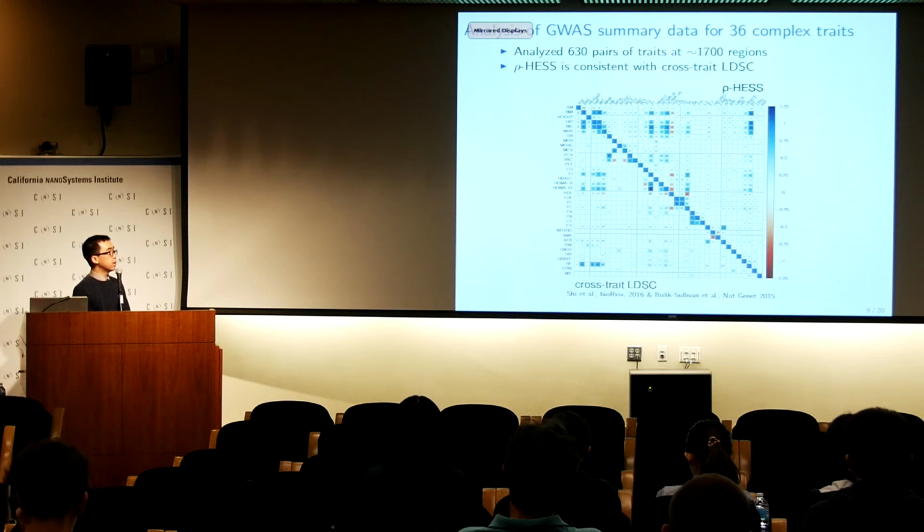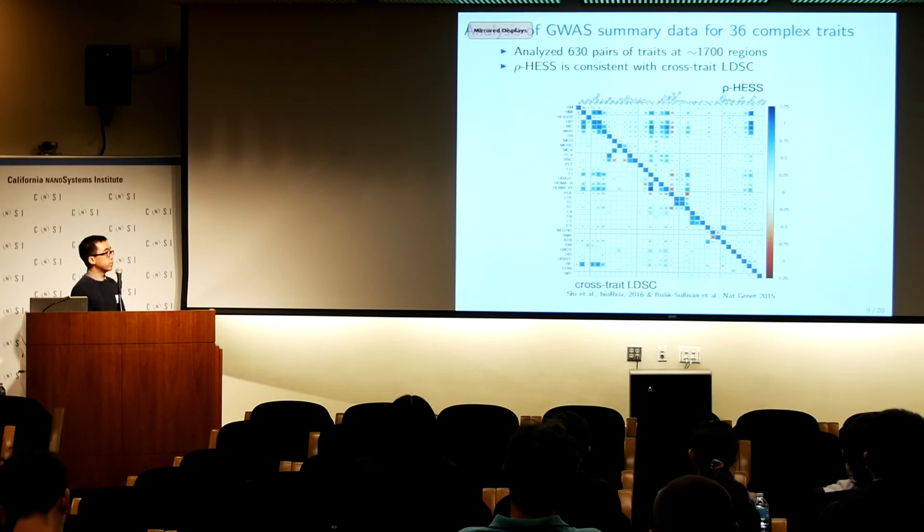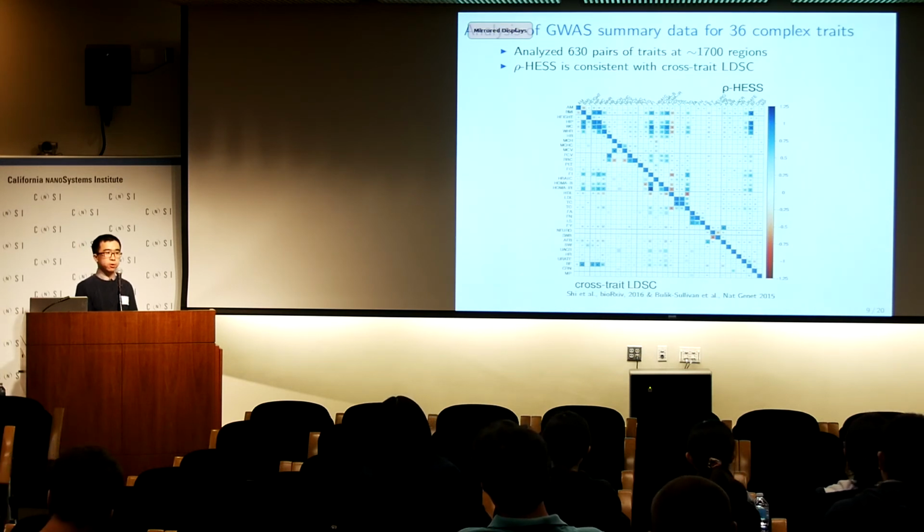And we compared our estimates of total genetic correlation with those obtained by cross-trait statistical regression. And as you can see, our estimator is very consistent with cross-trait statistical regression, which reassures us that our estimator is performing as we expect.